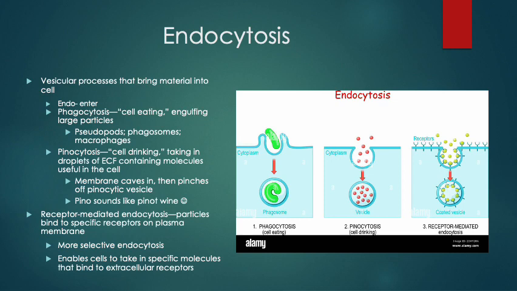They are just categorized by the type of thing they're bringing in or if they're being helped. So solids is phagocytosis, liquids is pinocytosis, and if a receptor is binding to the membrane to activate the process of taking things in, it is receptor-mediated endocytosis.